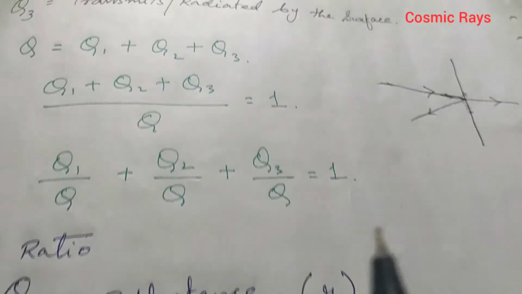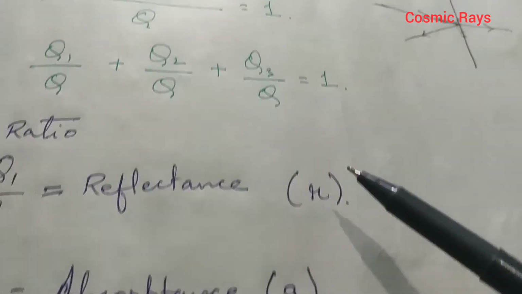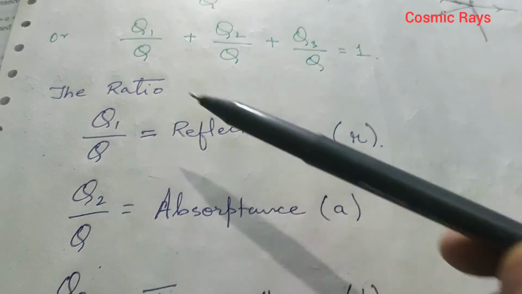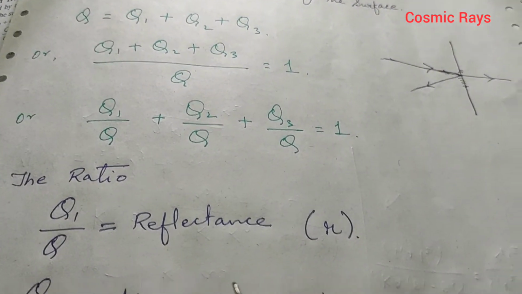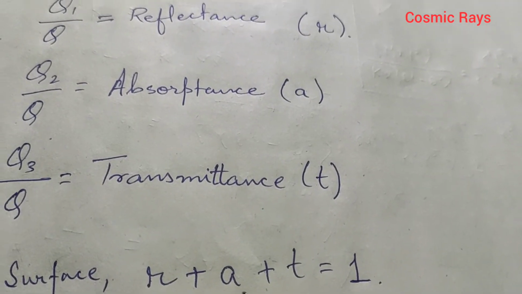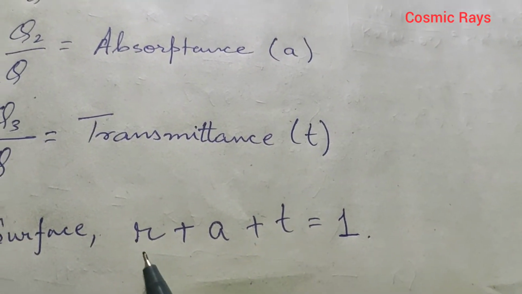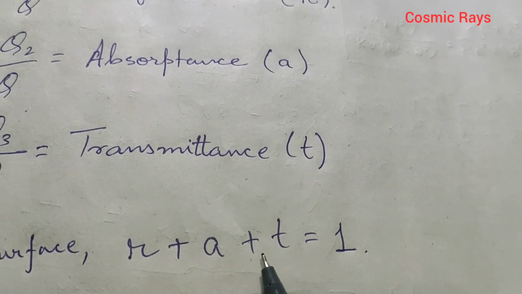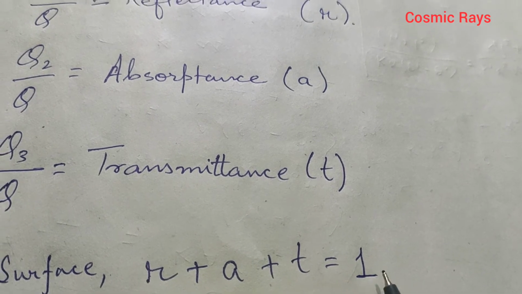Now these ratios we substitute and write as R, A and T. So instead of Q1 upon Q, we write R. For Q2 upon Q, we write A. And for Q3 upon Q, we write T. So reflectance plus absorptance plus transmittance for any surface is equal to 1.